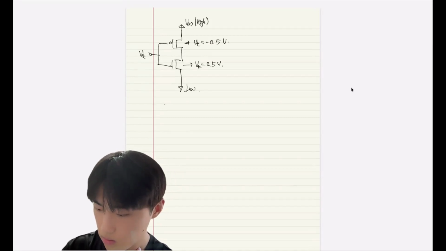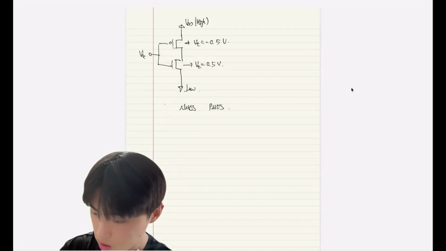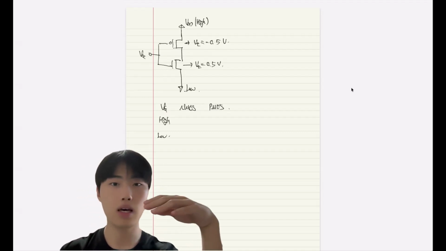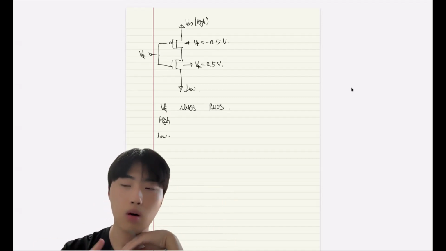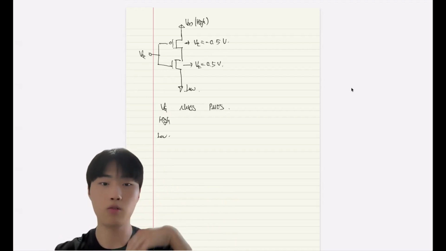VG will have some high or low. So the high will be 1 volt, and the low will be 0 volt.